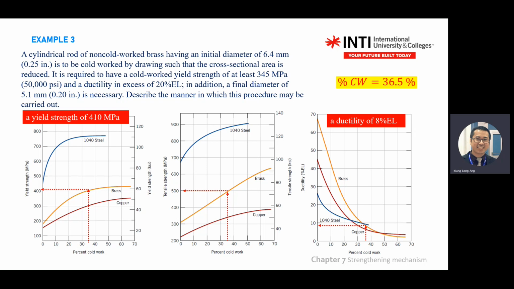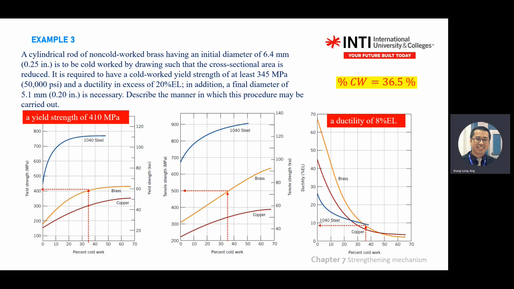How many percent elongation? 20%. Go here, move down, about 24 or 22. So here, if you want to get 20%, the co-work percentage will be 22 to 24% on the graph.